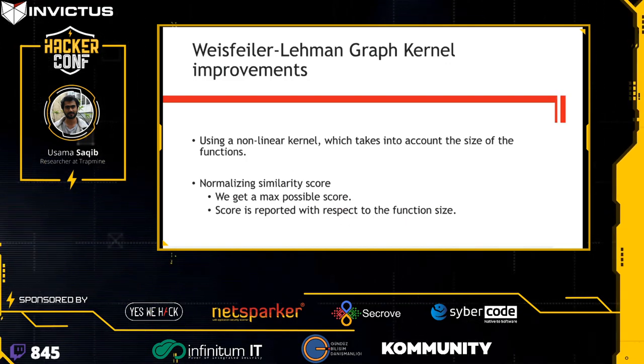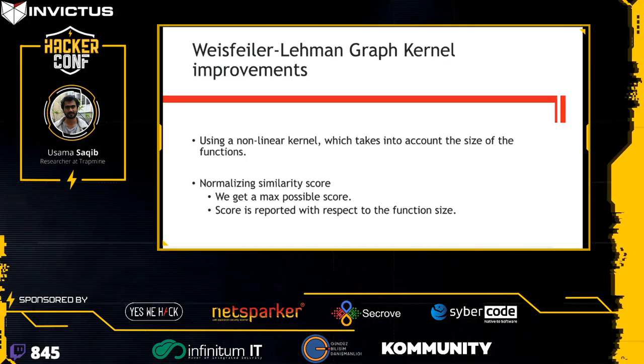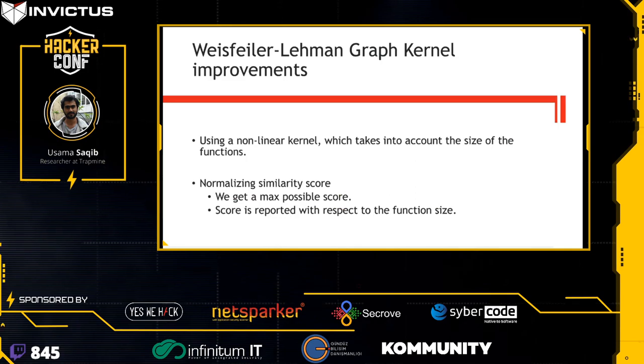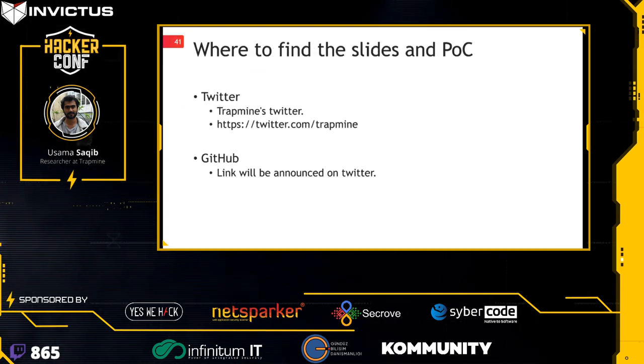When comparing two very large functions, we may get a high similarity score as compared to when comparing two small functions, even though the two small functions might share a higher similarity than the larger functions. This problem can be very easily solved by normalizing our similarity score. This will allow us to compare the scores within a range. So normalization will help mitigate this problem.